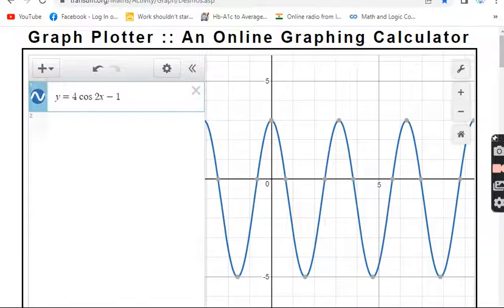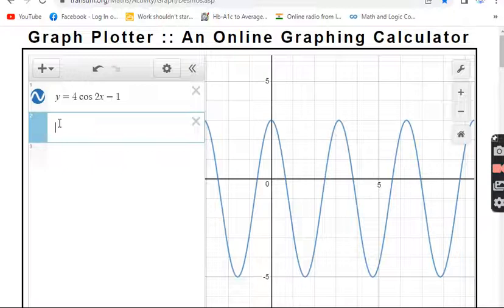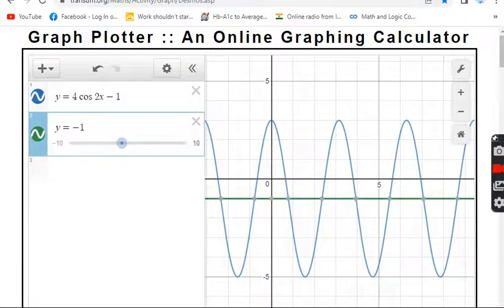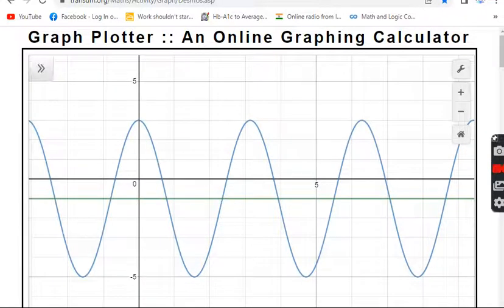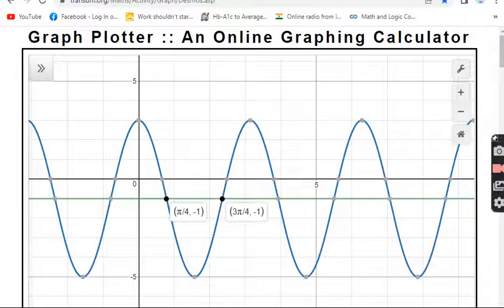If I try to add y equals -1, yes, you can see y equals -1. Yes, here we go. This is what I want.